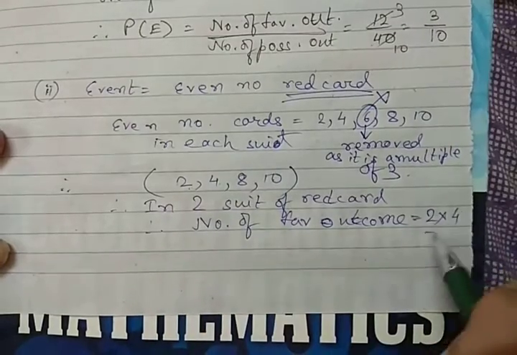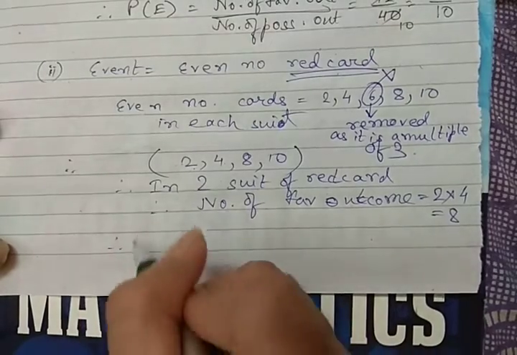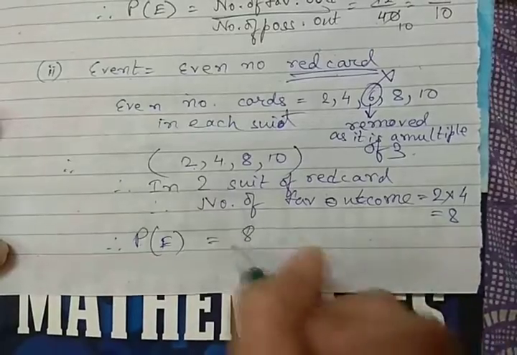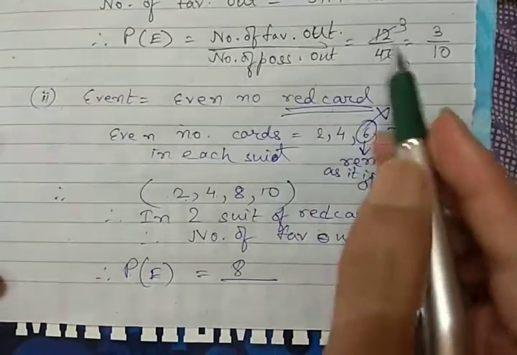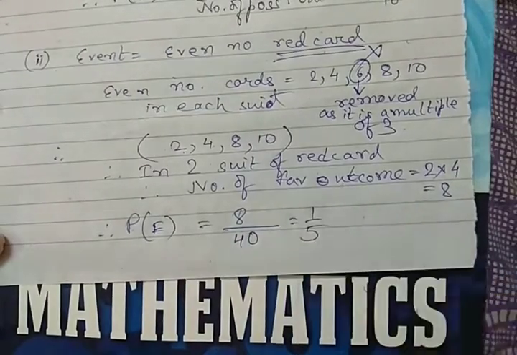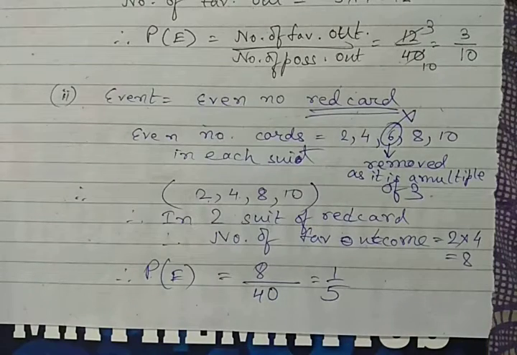So 2 into 4 equals 8. Therefore the probability of the event, an even numbered red card, is 8 out of 40, the total number of outcomes. That equals 1 by 5. Clear? So this is a sum which came in ICSE 2011.